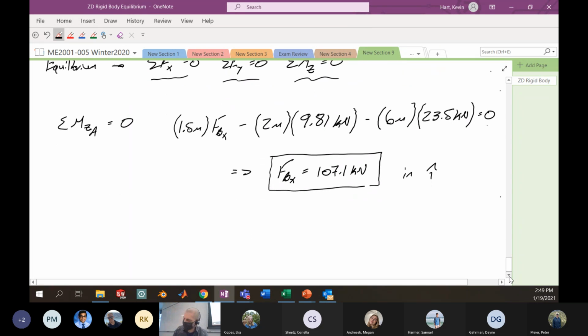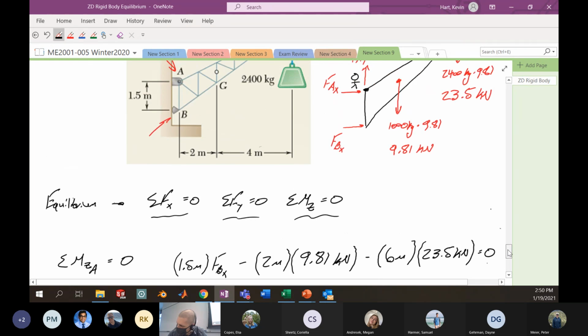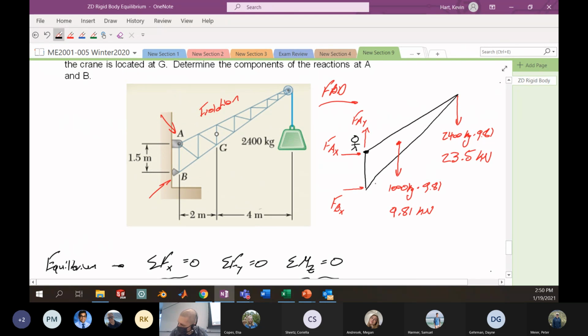I can now enforce my other equilibrium equations. Sum of the forces in X equal to 0. I go up to my figure here. The only forces that are acting in X are this FBX and this FAX. Based on how I've drawn them, they're both acting to the right.